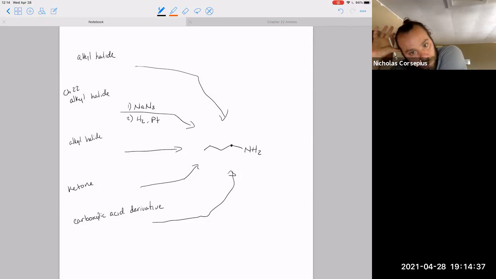How many carbons does my alkyl halide need if I'm going to use this method? Somebody, anybody? Somebody give me an alkyl halide I can use this method to create an amine.